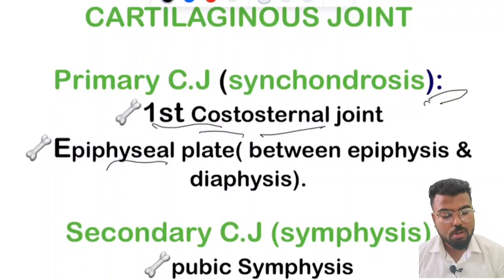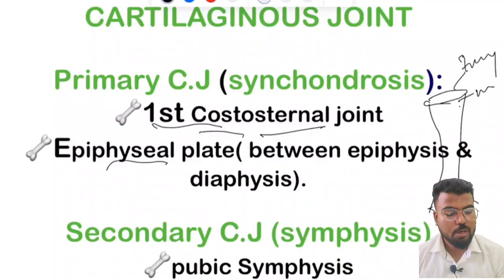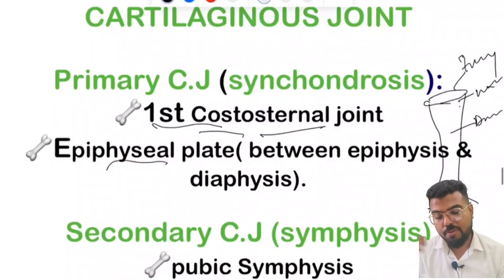In a long bone, generally there are the epiphysis, metaphysis, and diaphysis. So the epiphyseal plate between epiphysis and diaphysis is a primary cartilaginous joint.